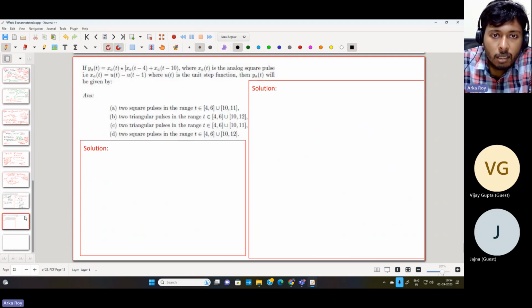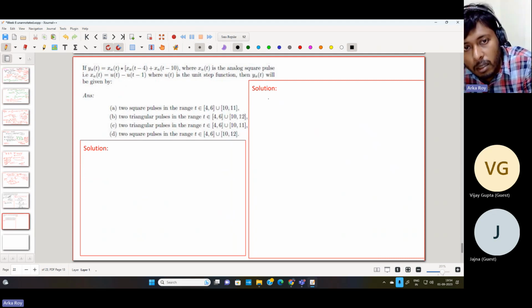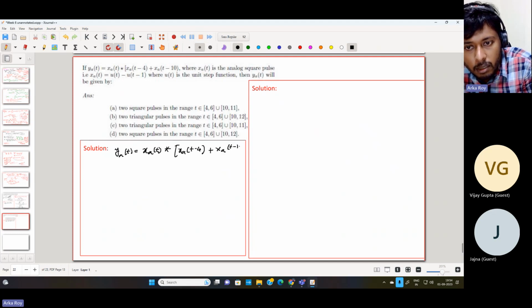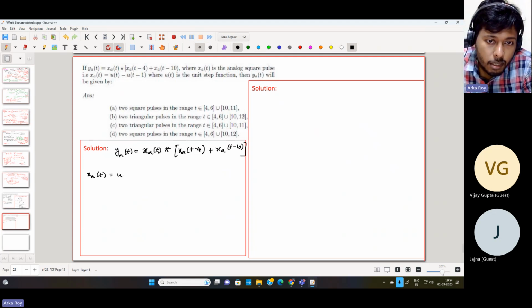And similarly, let us go for the next question. In the next question, we have a signal ya(t) which is xa(t) convolved with xa(t minus 4) and xa(t minus 10). And it is given that xa(t) is u(t) minus u(t minus 2).